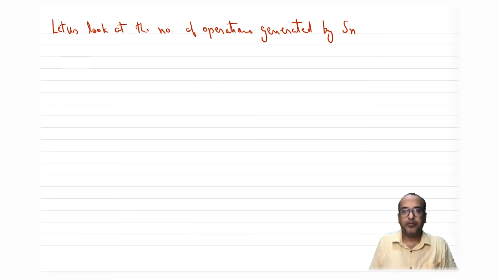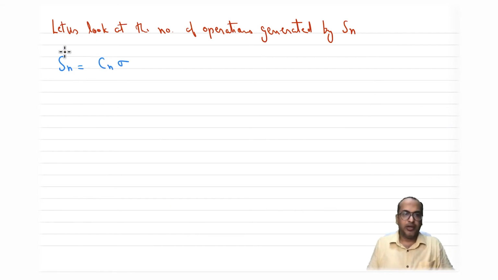So if we do Sn, so Sn will be Cn sigma, right? If we do Sn to the power n, it will be Cn to the power n sigma to the power n, which is nothing but Cn^n. We have seen that Cn^n is E and sigma to the power n is E.